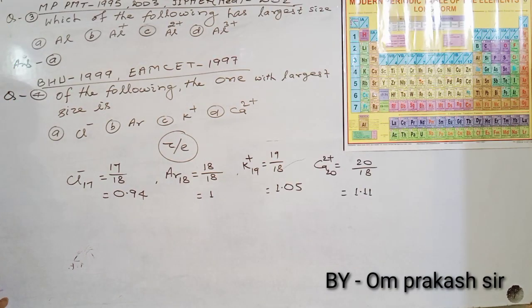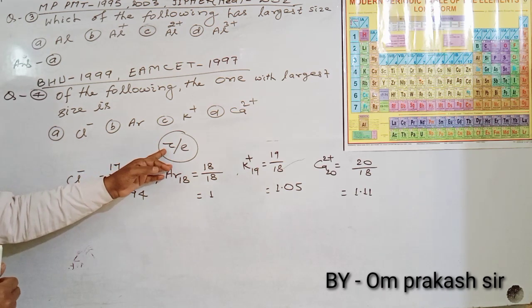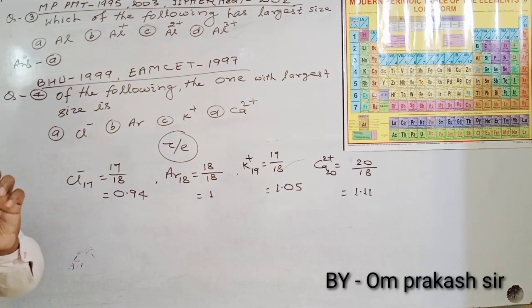The value of Z upon E is less, the size is biggest. The value of Z upon E is small, the size or atomic radius of ion is biggest or largest.